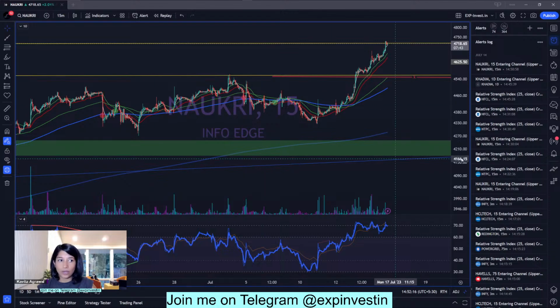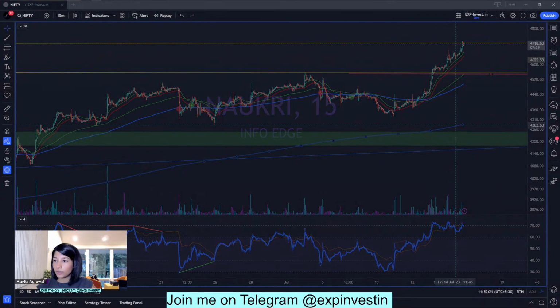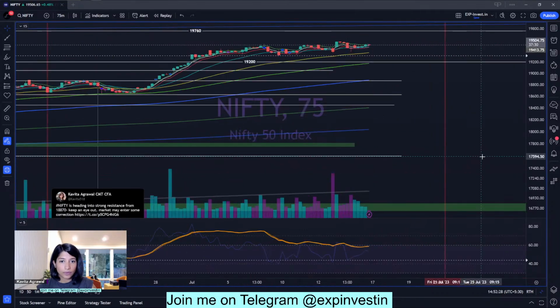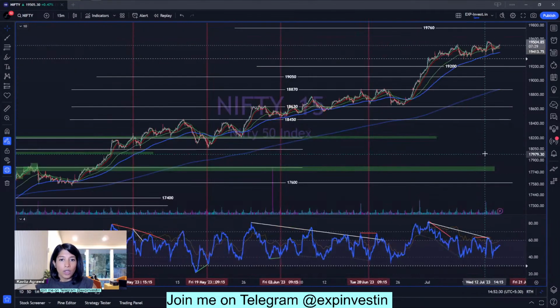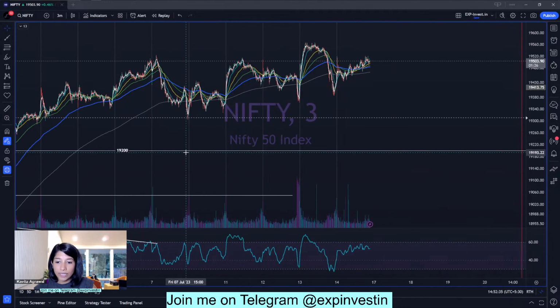All right, so now you can see my screen, and I'm going to pull out for you the Nifty chart. Like every week, we're going to start with the 3-minute time frame to first gauge what has unfolded this week so far.